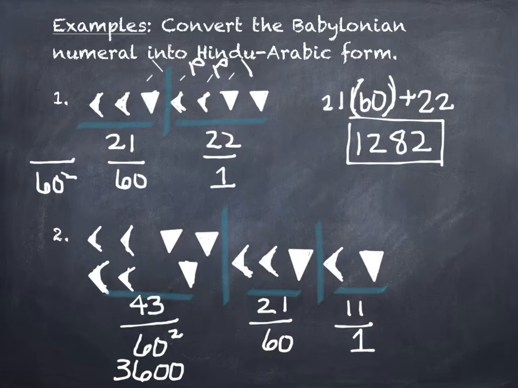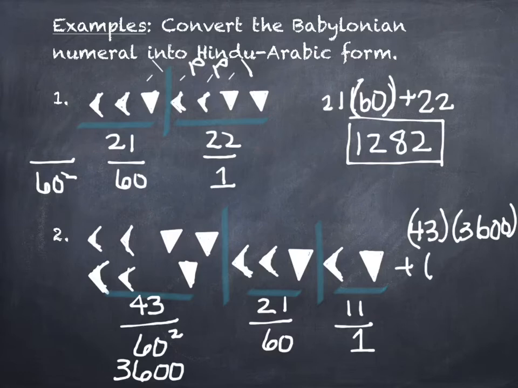The process is still the same as the first part. I multiply the place value by the number that's in that place value. So I'm going to multiply 43 times 3,600. And then I'm going to add that to 21 times 60. And I'm going to add that to my 11 that are left over.